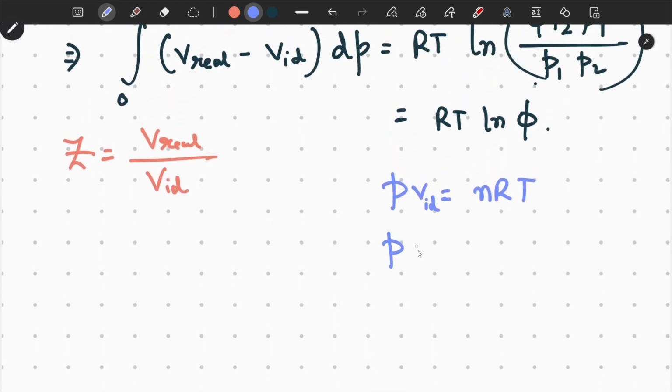But for real, what will be the case? Then Z will be V real by V ideal. V ideal is nRT by P, so you can write it as PV real by nRT as well.